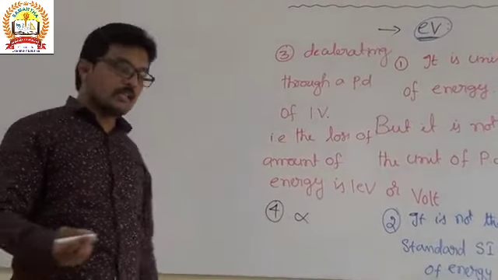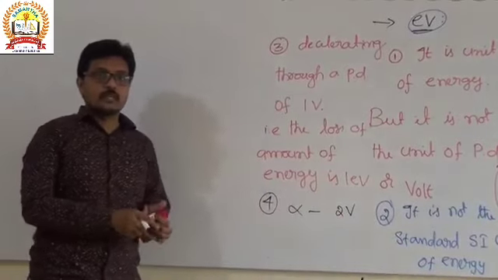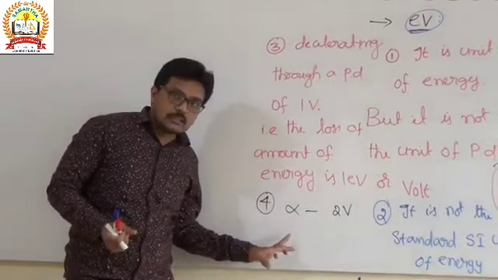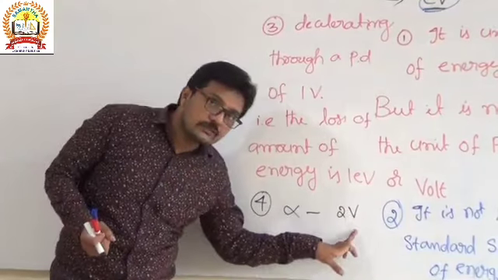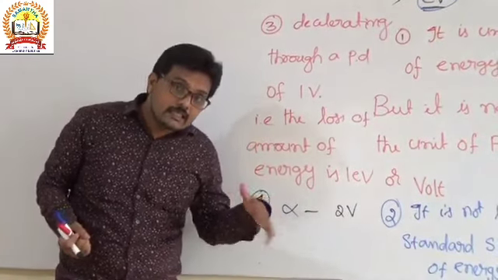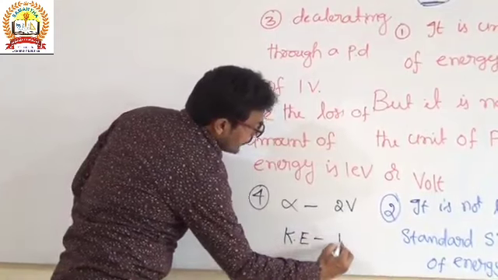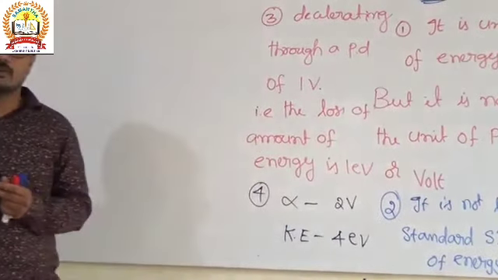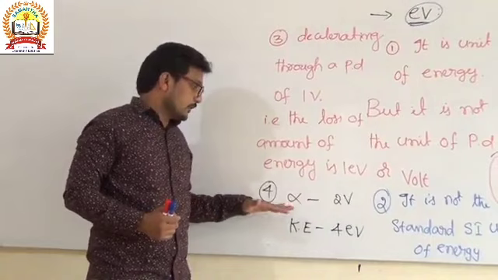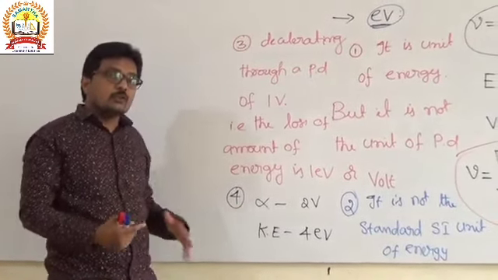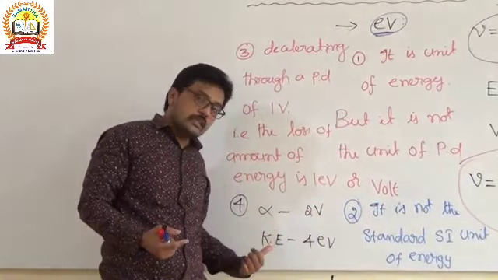Listen clearly. If the alpha particle, that is the helium particle, is accelerating through a potential difference of 2 volts, then it gains kinetic energy.